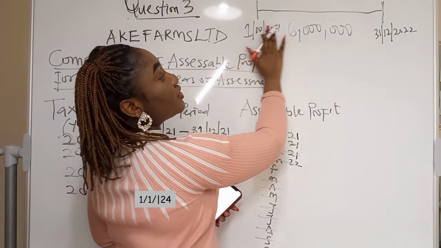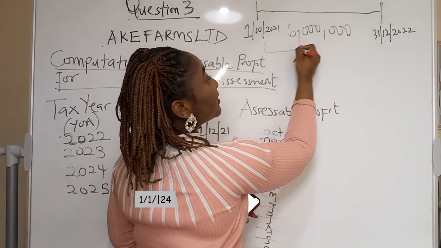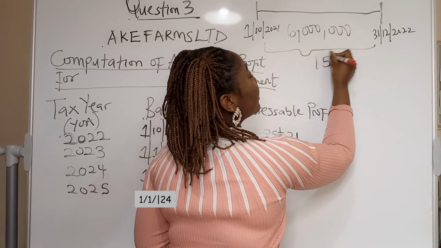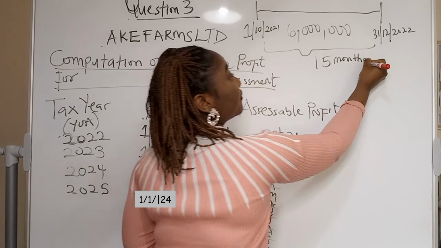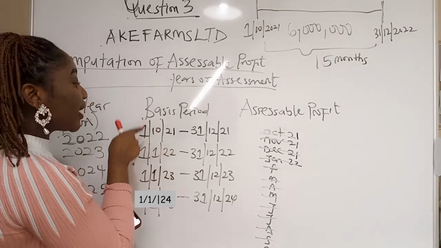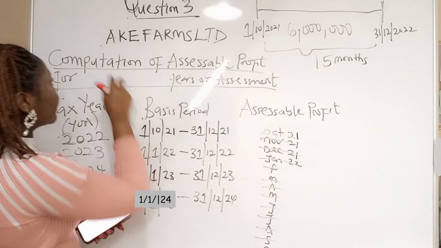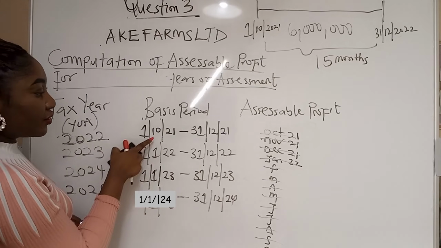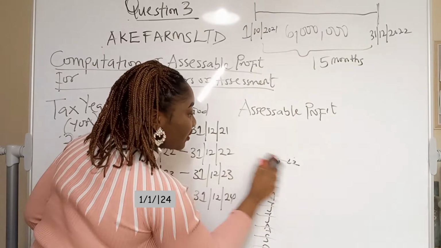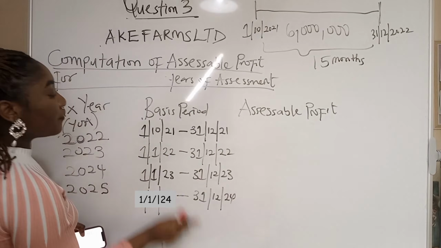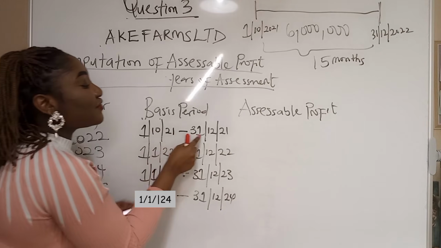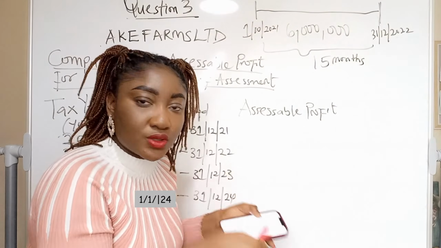So let us establish the fact that this whole period where they made 6 million is 15 months. But what else are we looking for? The period we are trying to extract is the period of 3 months: 1st of October 2021 to 31st of December, that same year 2021.